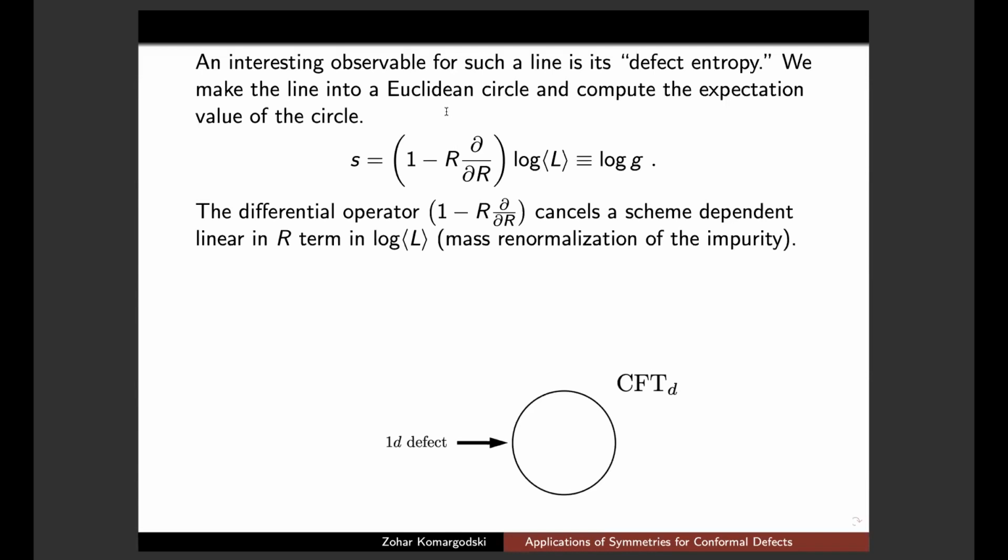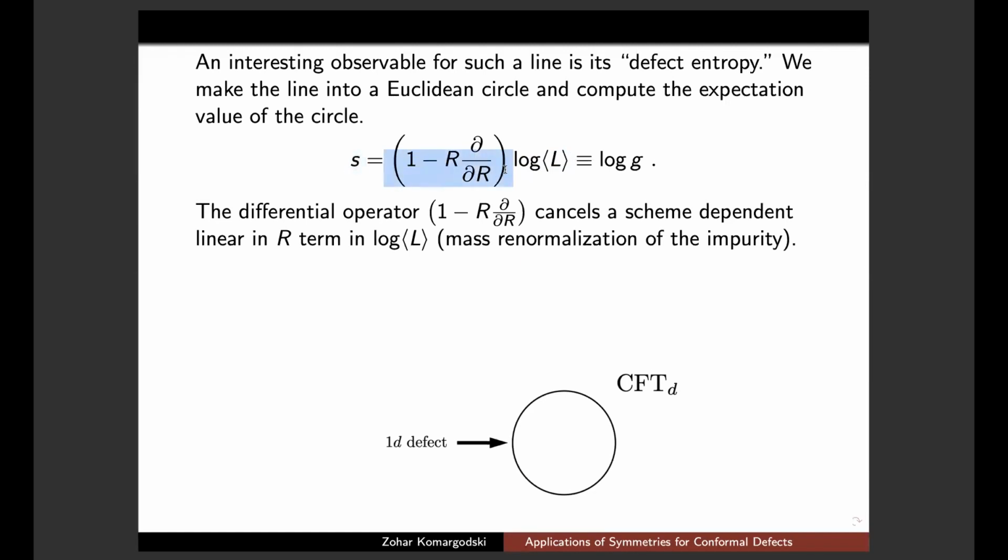For defects where there is a non-trivial RG flow and they are non-conformal, the expectation value of the circle has a dependence on the radius, and we call it the defect entropy. So you take the expectation value of the circle, you apply this differential operator where R is the radius of the circle, and you get something that we call the defect entropy.